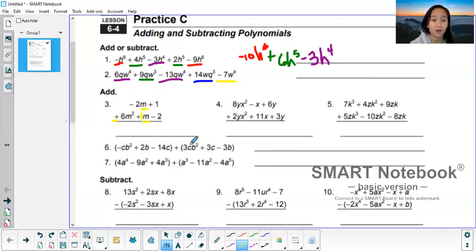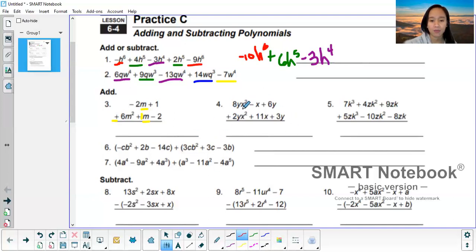Because you don't have a variable or a coefficient that's visible, that means it has 1. So what's negative 2 plus 1? You write the answer, then you write m. Now for the whole numbers, what's 1 plus negative 2? You write the answer below. Now, if you think you're still confused on how to add and subtract mentally, you can always use a calculator, okay, to aid you.